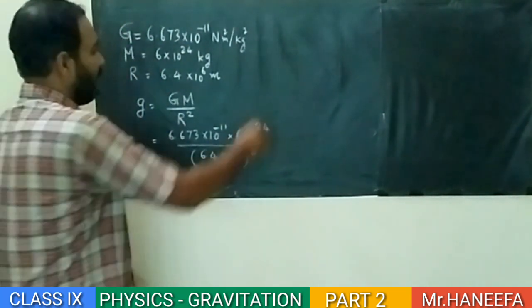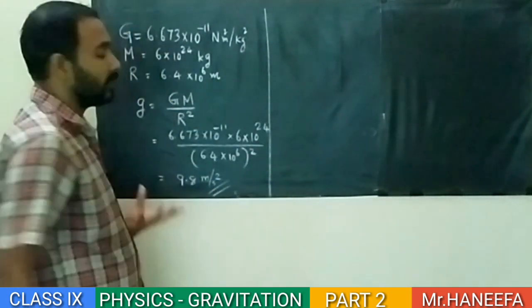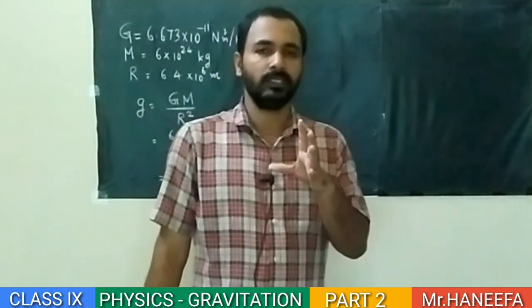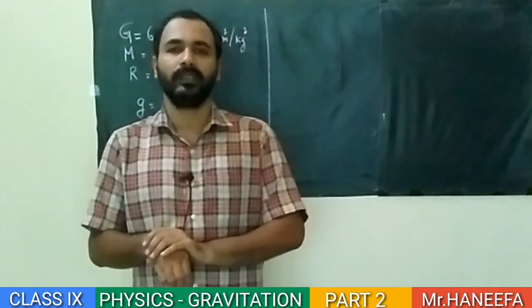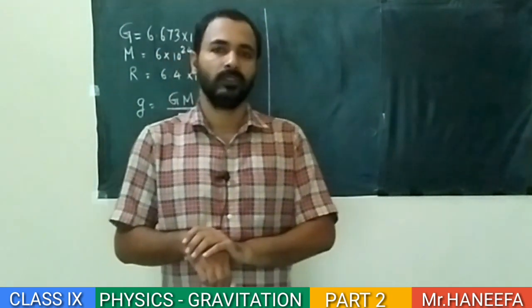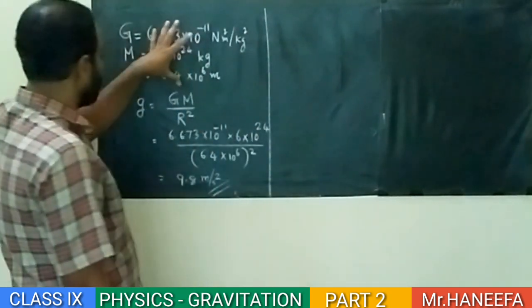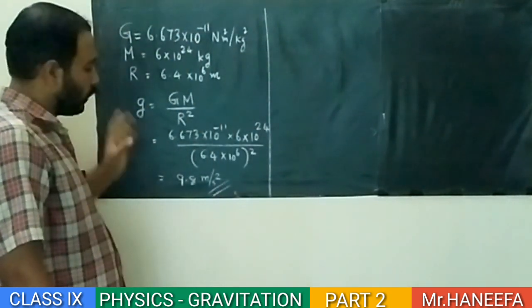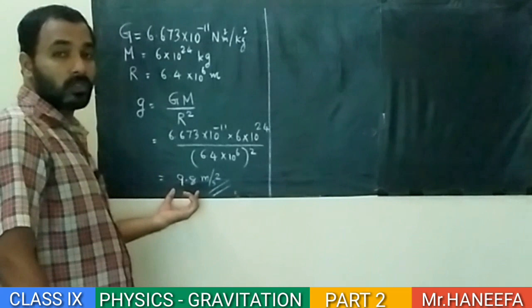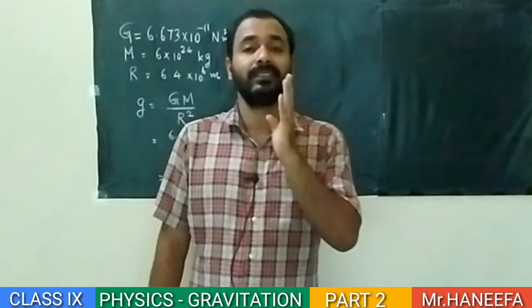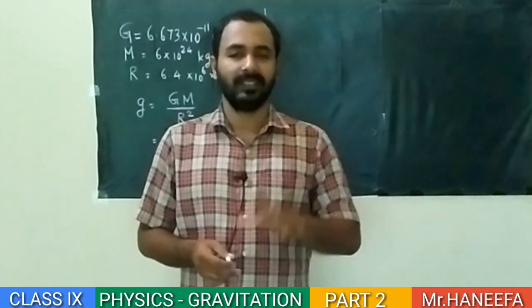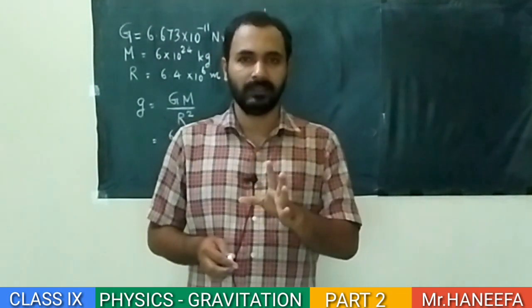So, what is the value of acceleration due to gravity? g, 9.8 meter per second square. Clear? Okay, so substituting these values in the given equation, we get 9.8. So we know the factors which acceleration due to gravity depends on.